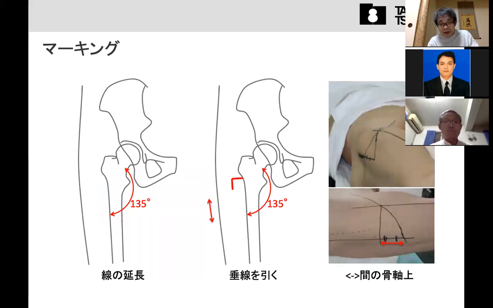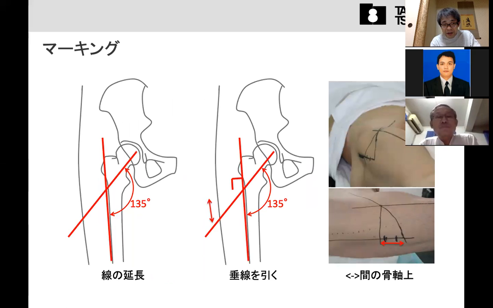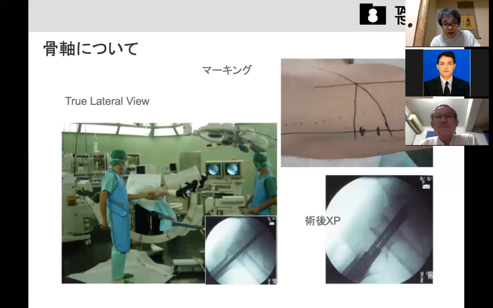Then draw the skin incision on the lateral face, like this, and then draw the perpendicular line. Then adjust the C-arm a little bit sloped, so as to come to the femoral head center at the extent of the femoral shaft.